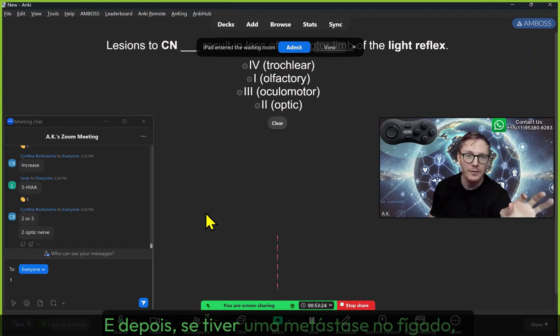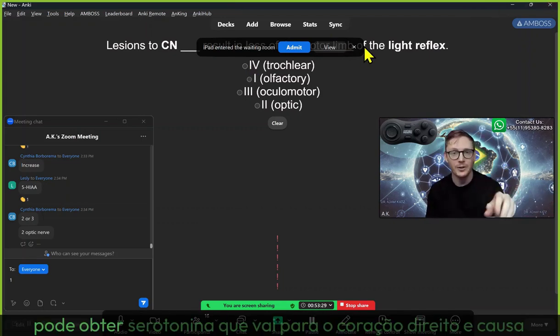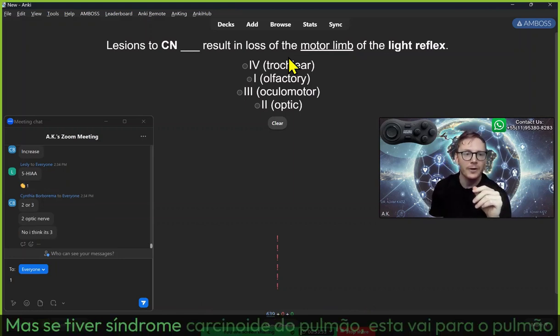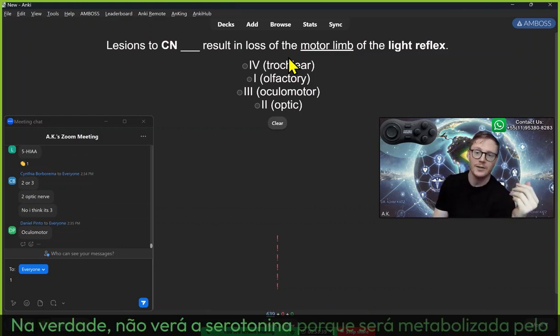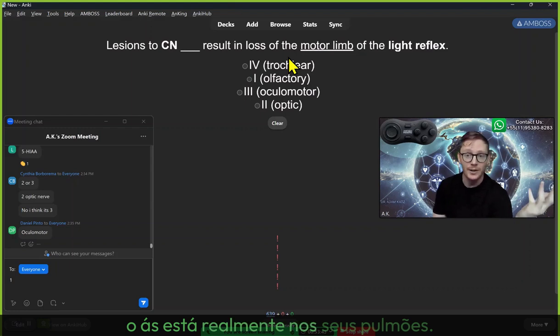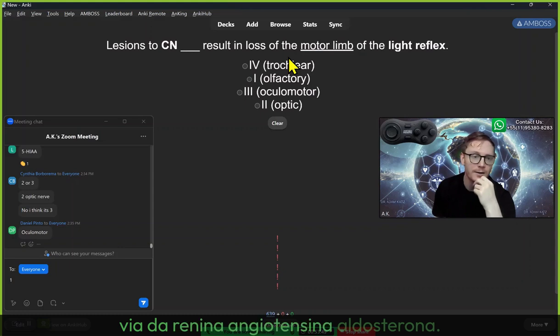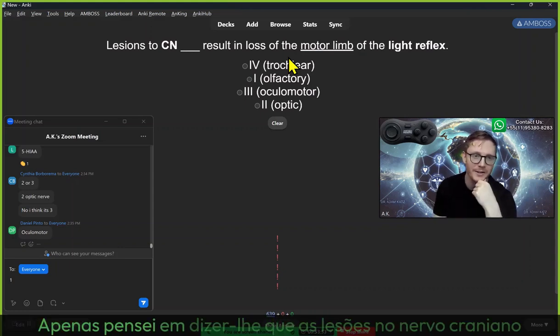So if you have a metastasis to the liver that bypasses the liver, you can get serotonin that goes to the right heart and causes right heart failure. But if you have carcinoid syndrome of the lung that goes to the lung before it goes to your systemic vasculature, you actually won't see the serotonin because it'll get metabolized by ACE in your lungs. ACE is an enzyme that metabolizes some of the products of the renin angiotensin aldosterone pathway. So that's kind of a cool story. I just thought I'd tell you.